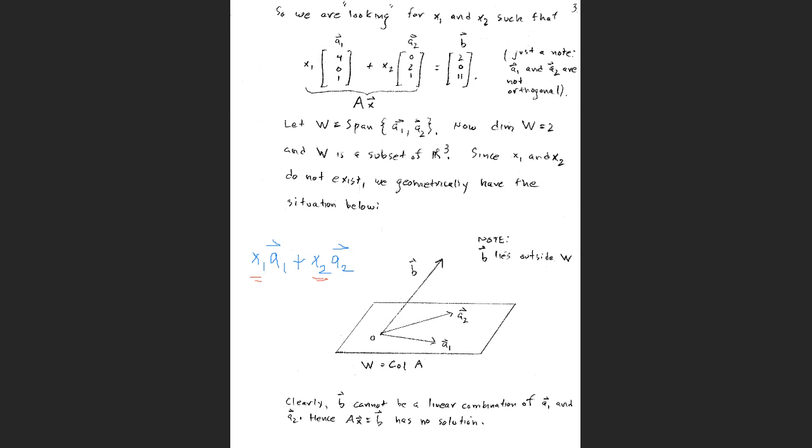Any vector that's a linear combination of column vectors a1 and a2, where would they have to lie? Where would they be drawn relative to the picture? What space would they be in?